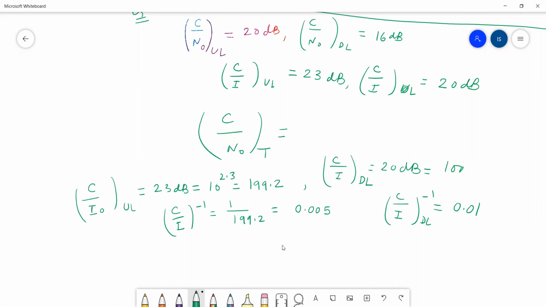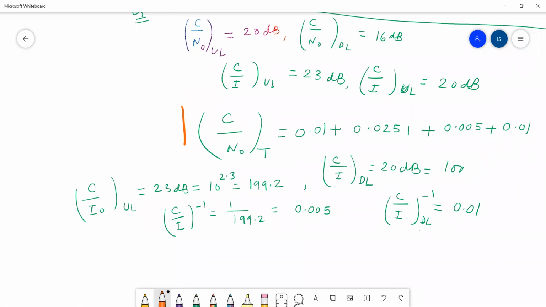First was C by N of uplink inverse, that was 0.01, plus C by N of downlink inverse, that was 0.0251, plus C by I of uplink, 0.005, plus C by I of downlink, that is 0.01.